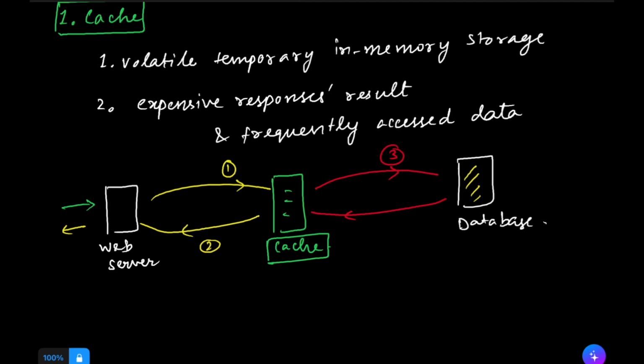Now the cache holds the data requested by the web server, and the data is also sent back to the web server to perform its operation. This is the overall flow of how data is fetched from the database, or from the cache if the data is already present there. This is also called a read-through cache.